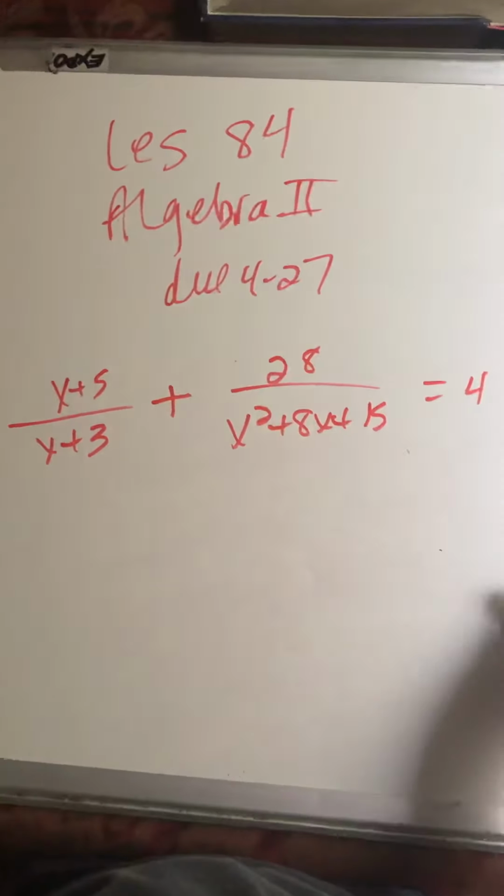On the first one, x plus 3 cancels, and I get x plus 5 times x plus 5, or you can put x plus 5 squared, that's fine. The second one, they all cancel, so it's left with 28. Then I've got 4 times x squared plus 8x plus 15, because I know x plus 5 times x plus 3 is x squared plus 8x plus 15.